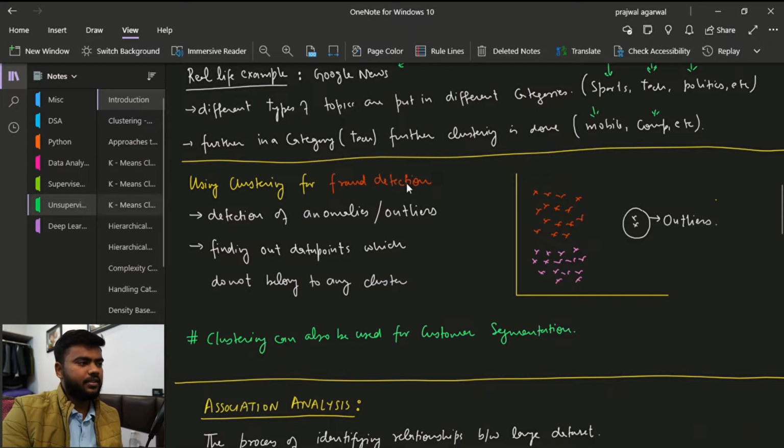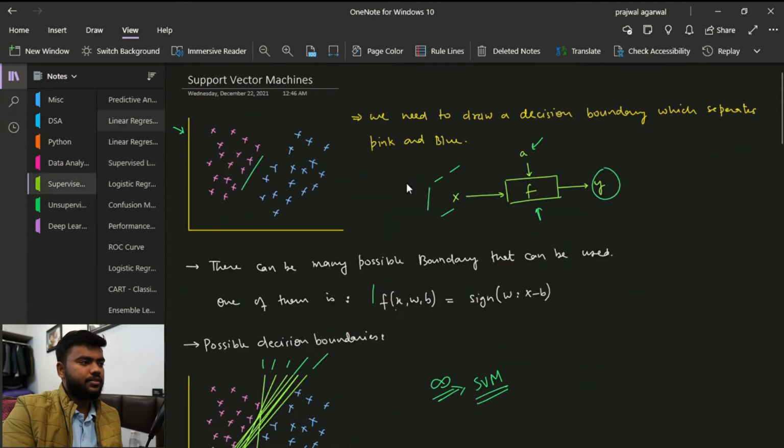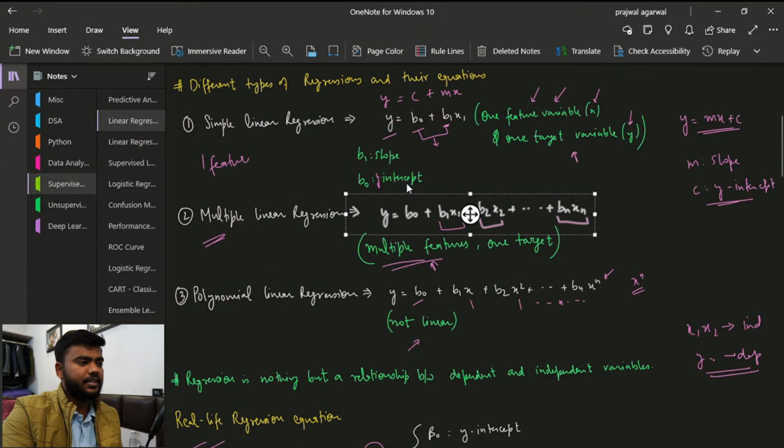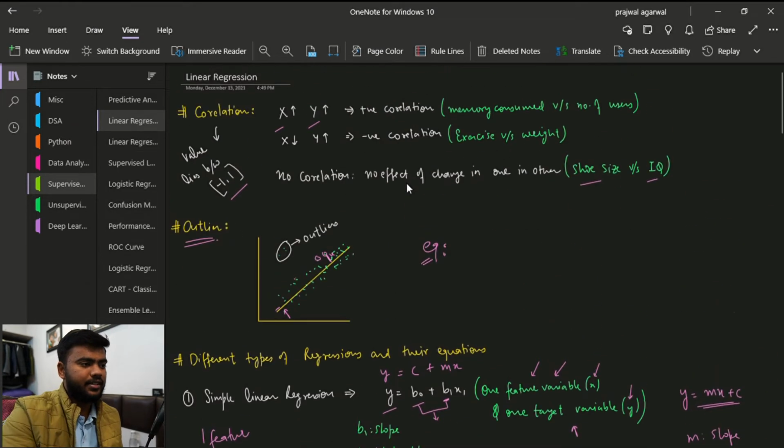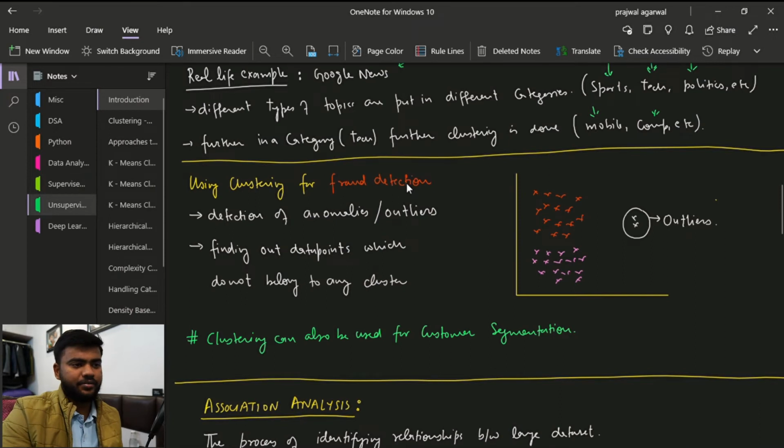If you remember, in the start of supervised learning in linear regression, I discussed that we are going to discuss how outliers can be used to detect fraud. This is how we use it: the detection of anomalies and outliers. We find the data points which do not belong to any cluster, and these data points are a possible fraud.